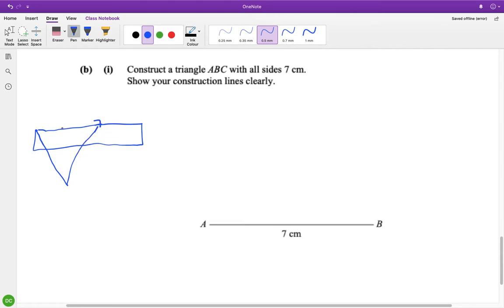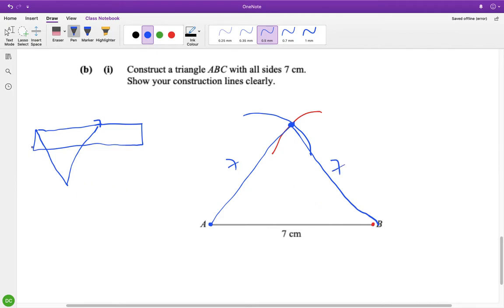Now you have your compass at the right width, and then you strike an arc from A, and then, keeping the compass the exact same, you strike an arc from B, and then you just join these bits up. So you join A up to here, and you join here to B. If you've done it right, this should be 7 and this should be 7.